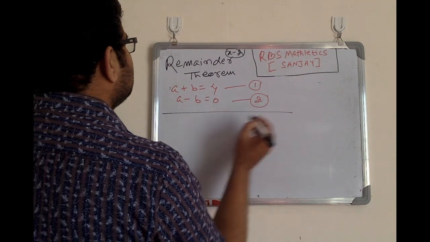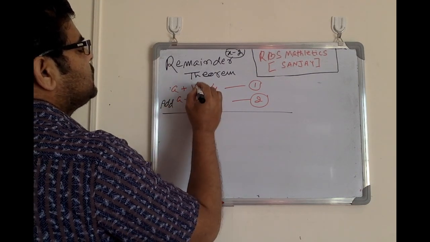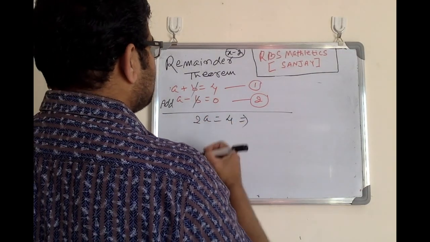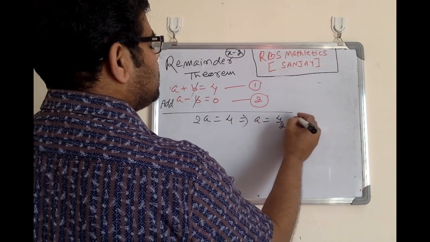But this time I'm going this way, just adding these two equations. If I add these two, the b terms cancel. It is 2a equals 4, that gives you a equals 4 by 2, which is 2.